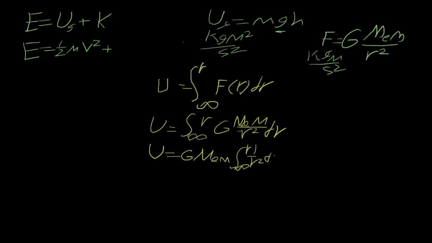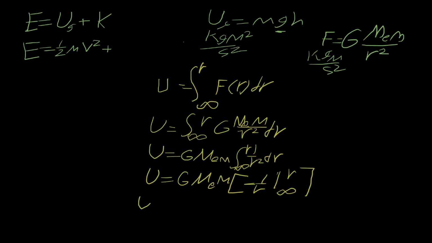This is going to give us potential energy equals G big M little m, and then we write this as -1/r, integrated from infinity to our radius. This process is just to answer how we find the potential energy for a varying gravitational force, and this is how you would do it.